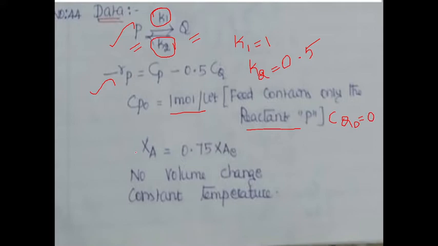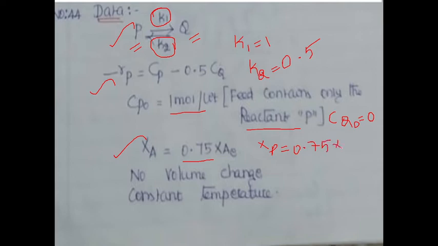Then conversion is equal to 75% of equilibrium conversion. So XA is equal to 0.75 times XAE. For our reaction we should write XP is equal to 0.75 times XPE. So this is our problem.